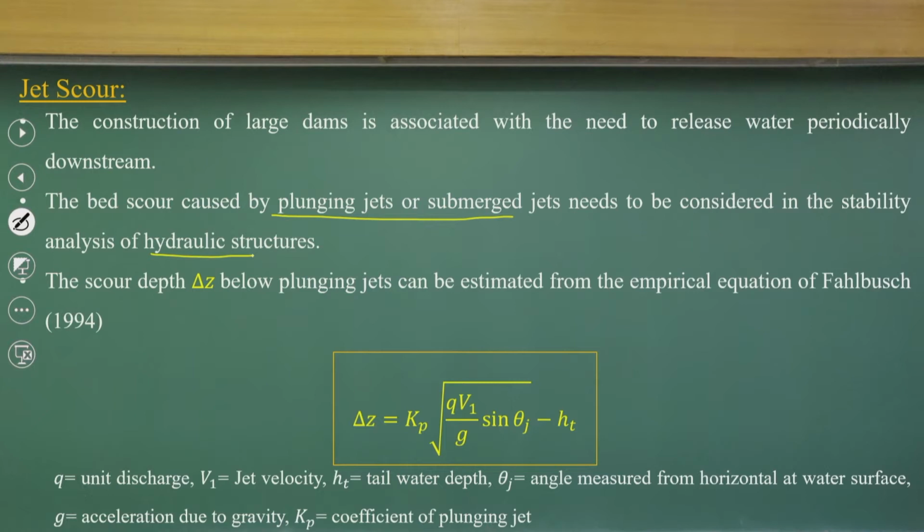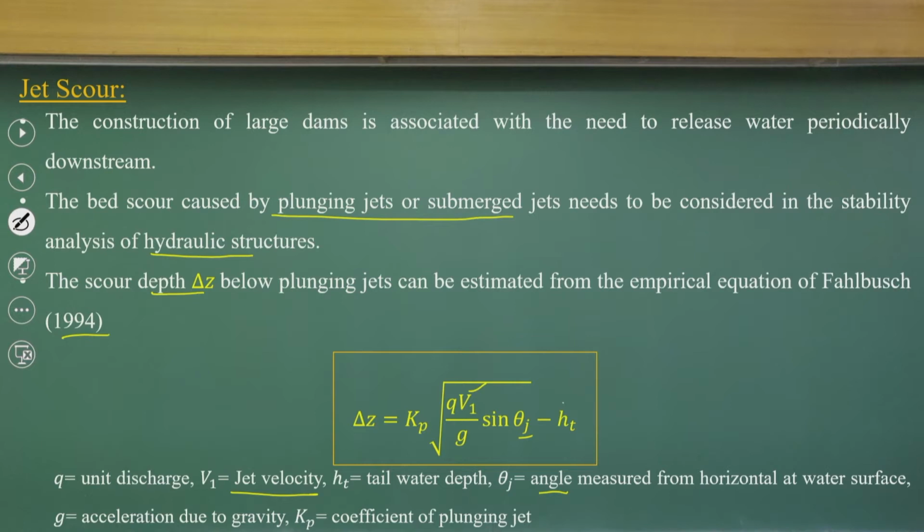Phelps in 1994 established the relation of the scour depth with the jet velocity, and theta j stands for the jet angle, measured from the horizontal at the water surface.